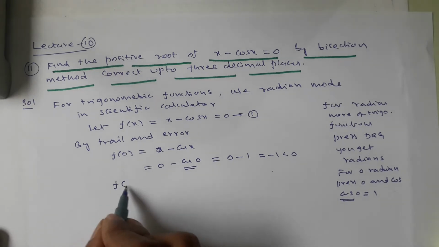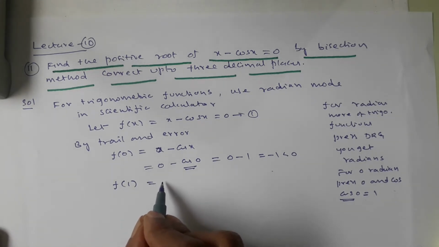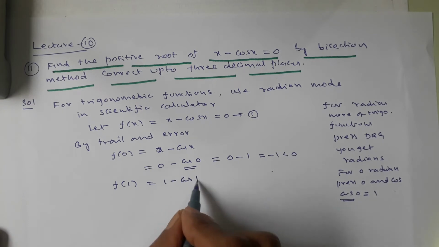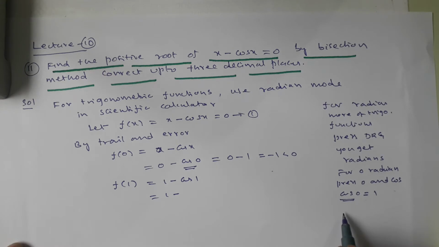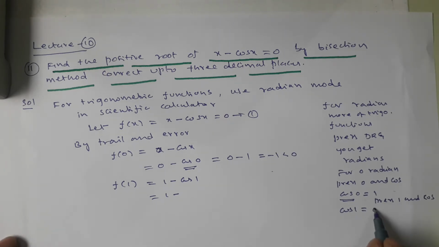Next, f of 1 is equal to 1 minus cos 1. Press 1 and cos. So cos 1 is equal to 0.54032.